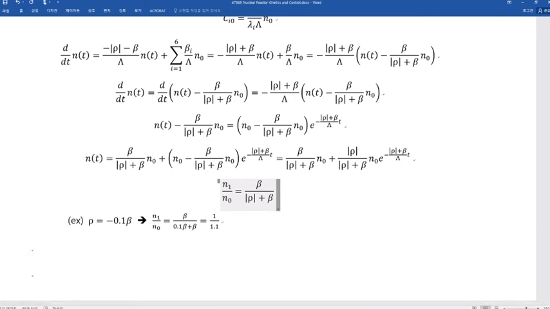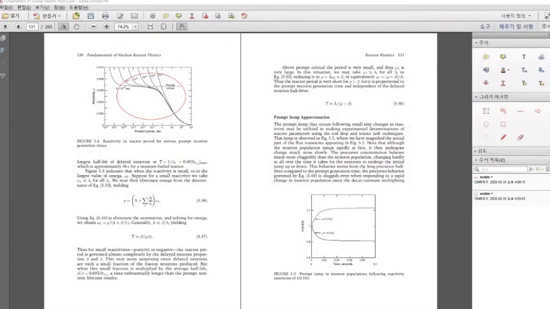And what about the case of a source? When we suddenly insert the control rod with 0.1 beta reactivity, the reactor power suddenly decreases to here.